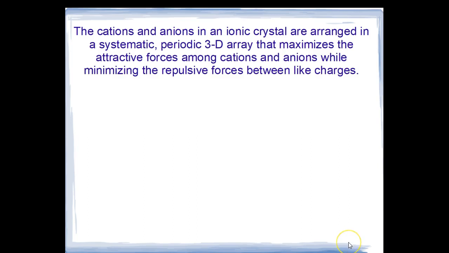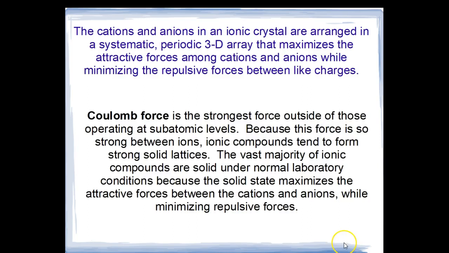The cations and anions in an ionic crystal, such as the one you saw, are arranged in a systematic periodic three-dimensional array that maximizes the attractive forces among the cations and the anions together, while minimizing the repulsive forces between cation and cation, or anion and anion.